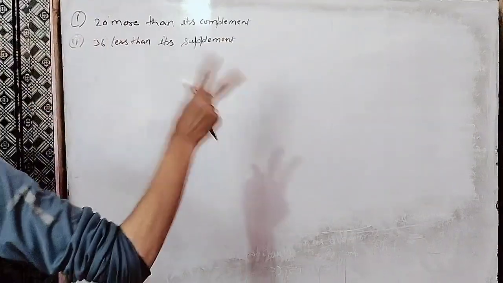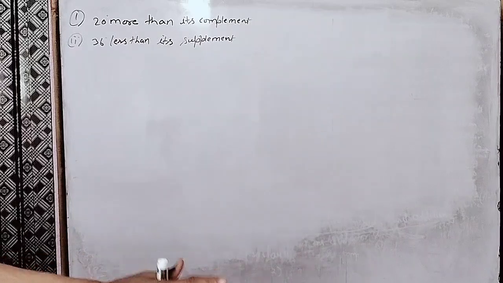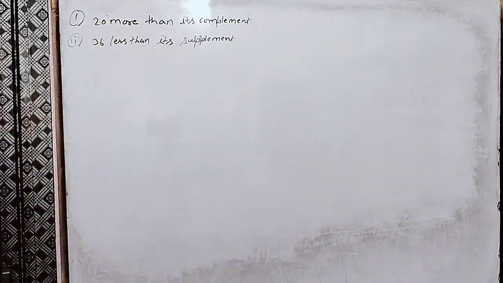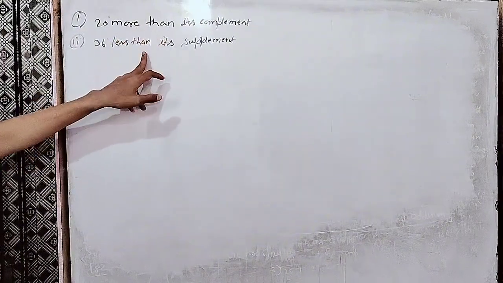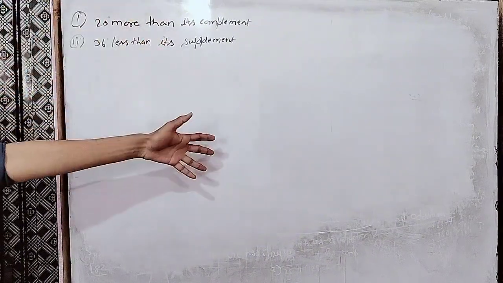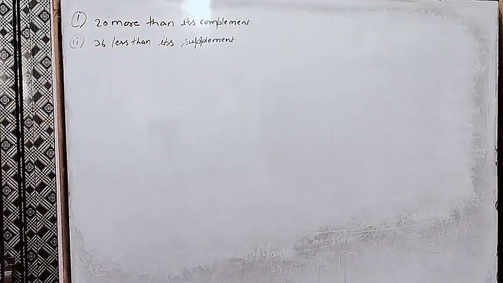We have two statements, and we have to find out the value of the second angle of each statement. This is the value of the first angle, and we are going to find out the value of the second angle of each statement.